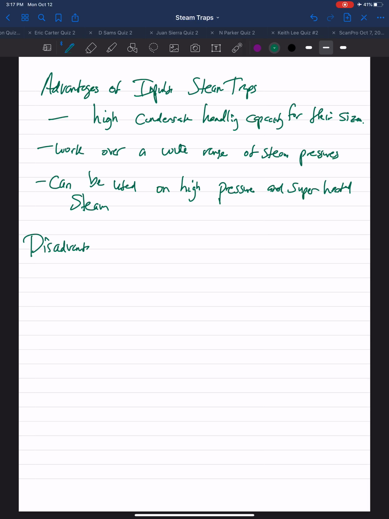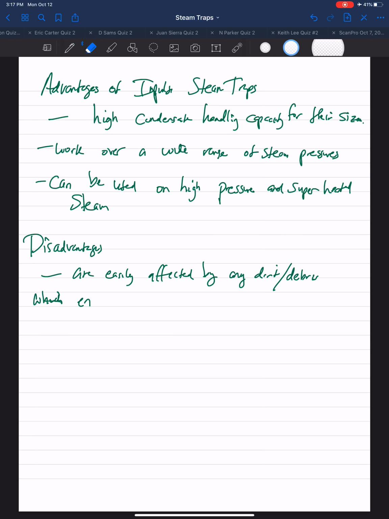Some disadvantages: they are easily affected by any dirt or debris which enters the trap body.